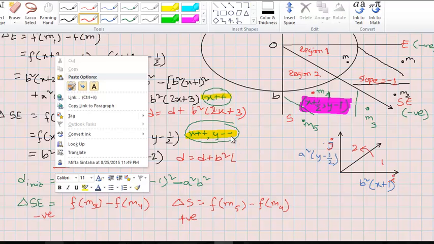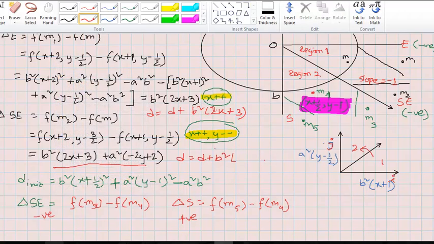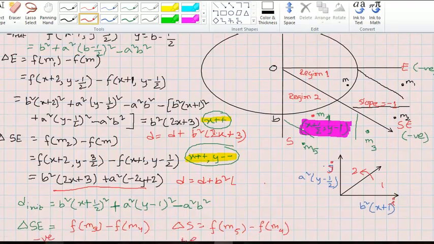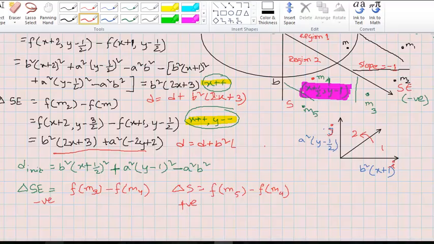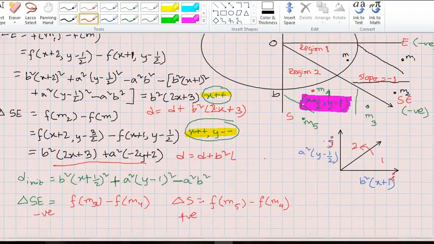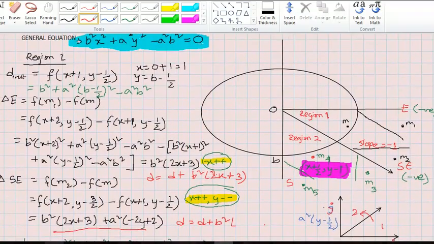Then we use the same technique for region 2, and that is how you trace the whole ellipse. That's how you find the x and y values for drawing an ellipse.